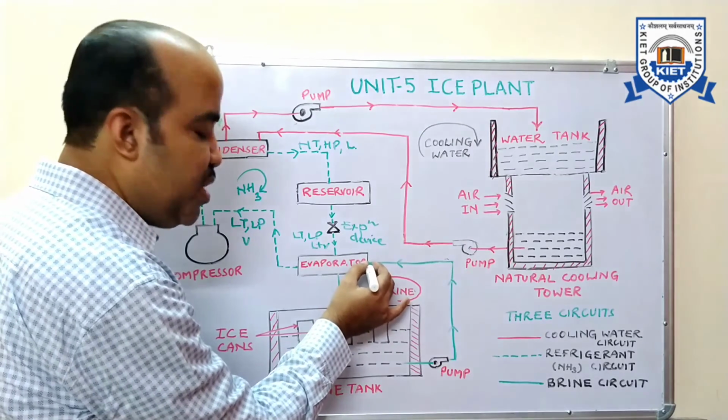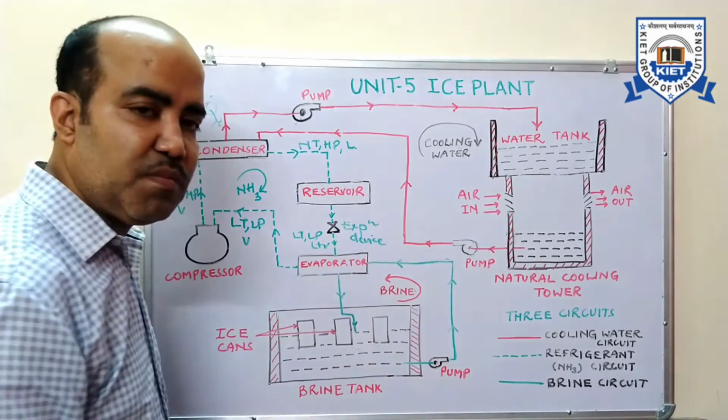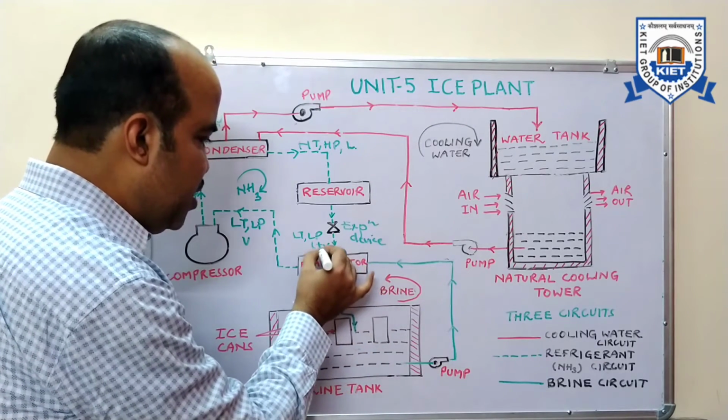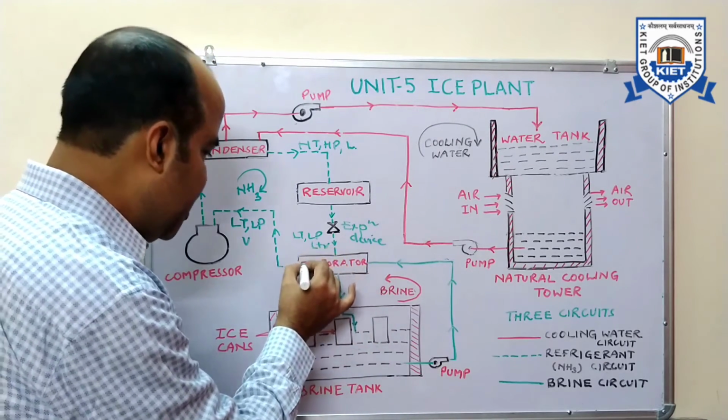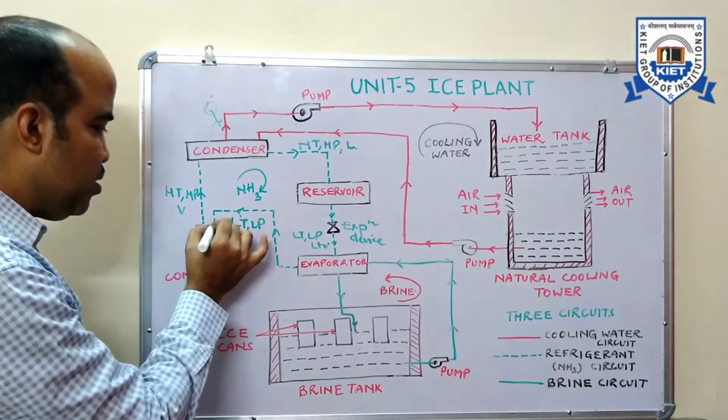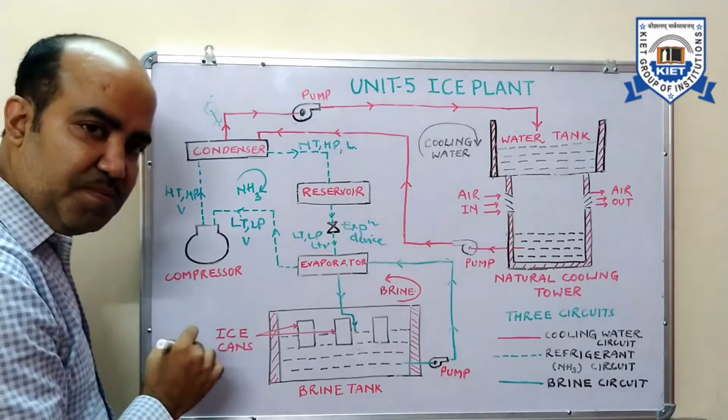The brine gives up its heat to the liquid ammonia, and in turn the liquid ammonia gets vaporized, and the low temperature, low pressure saturated ammonia goes back to the compressor over here.